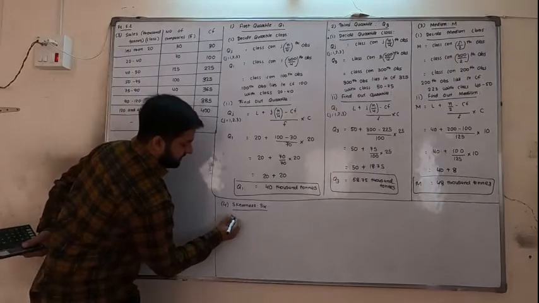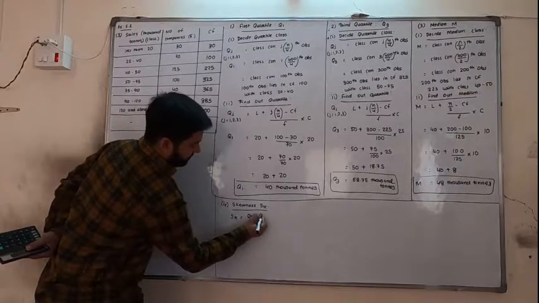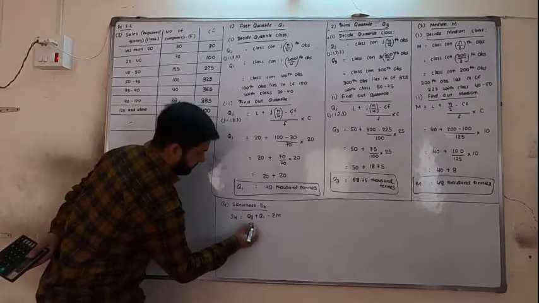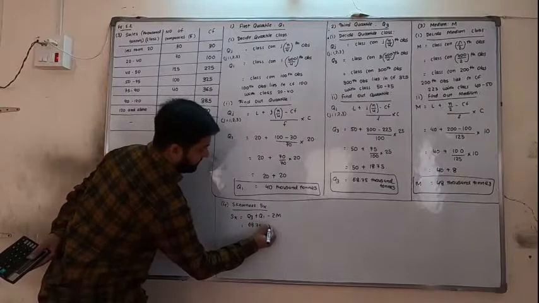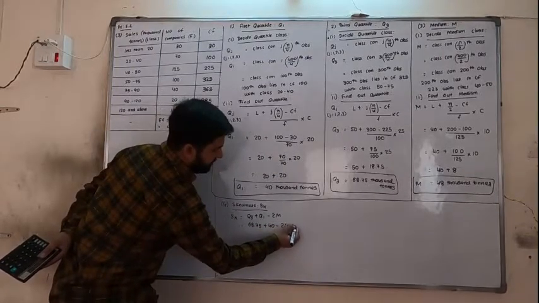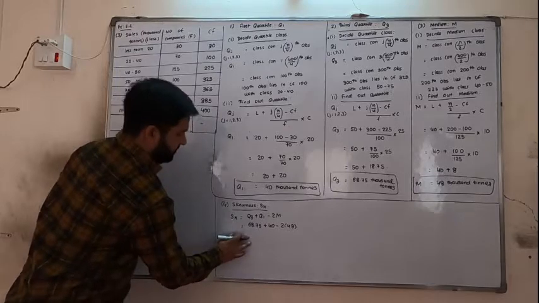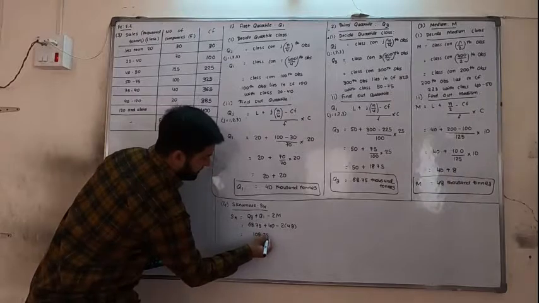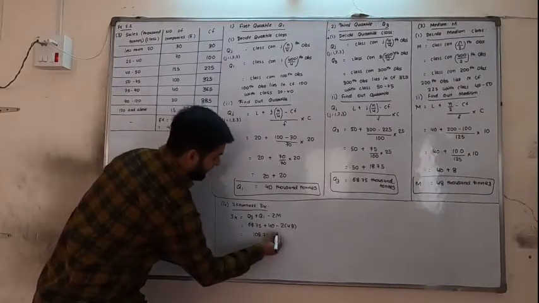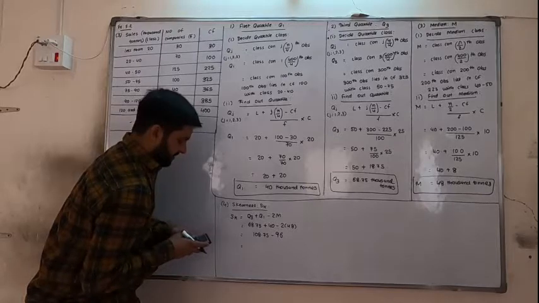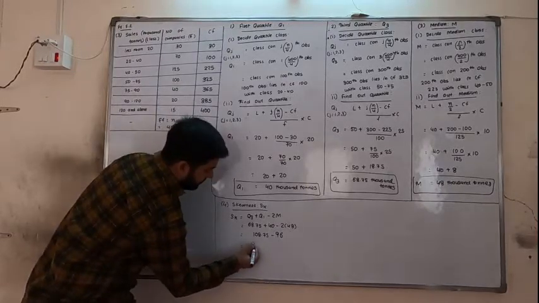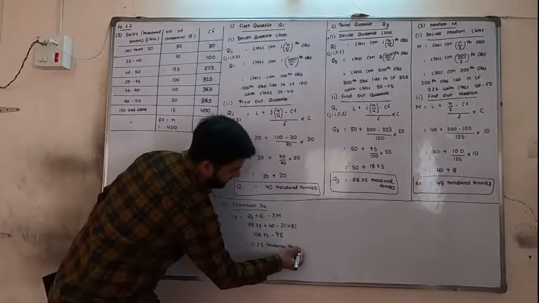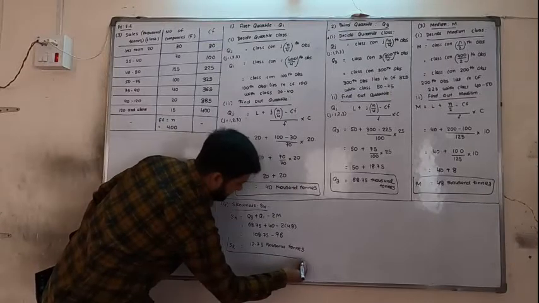So SK is equal to Q3 plus Q1 minus 2M. 68.75 plus 40 minus 2 into 48. 68.75 plus 40 is 108.75, minus 48 into 2 is 96. So 108.75 minus 96 is 12.75 thousand tons, the skewness.